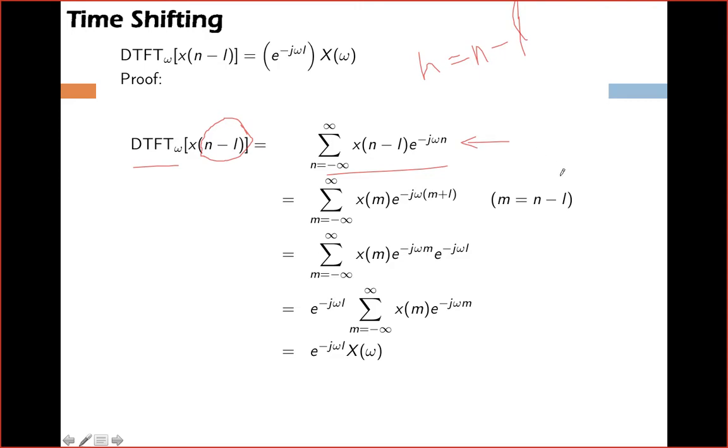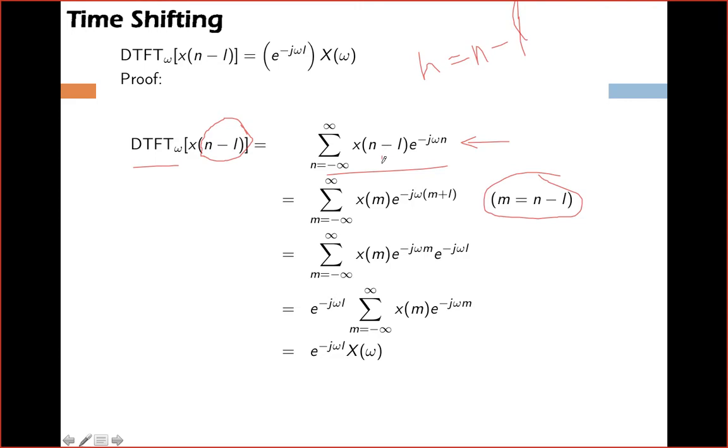Now I am going to consider m equal to n minus L. When I substitute m equal to n minus L, there will not be any change in the lower and upper range of summation because both are infinity. Whatever the case, when n is infinity, you will get m equal to infinity, and for minus infinity also you get the same thing.